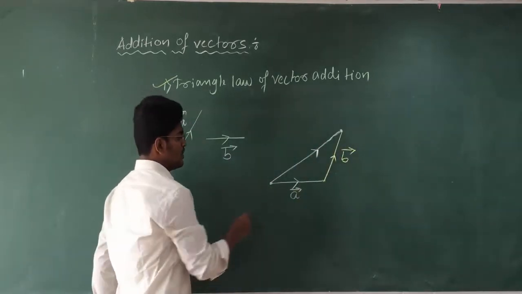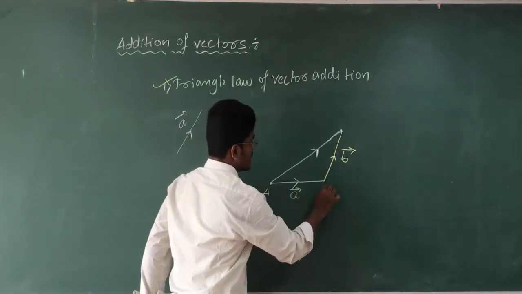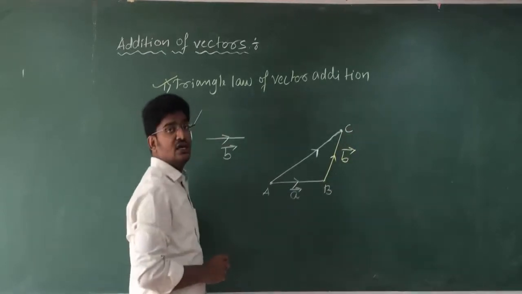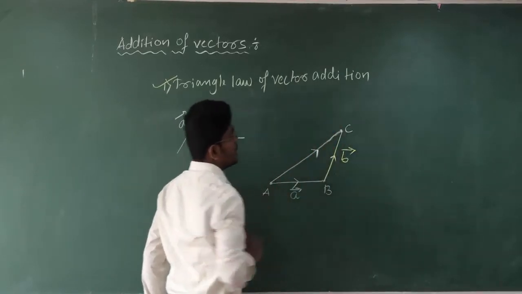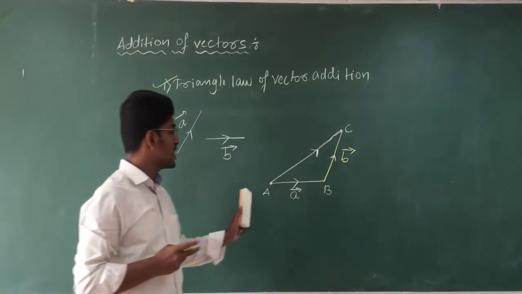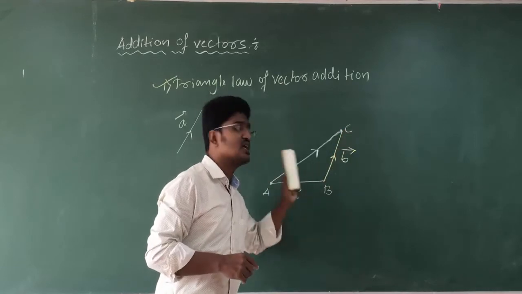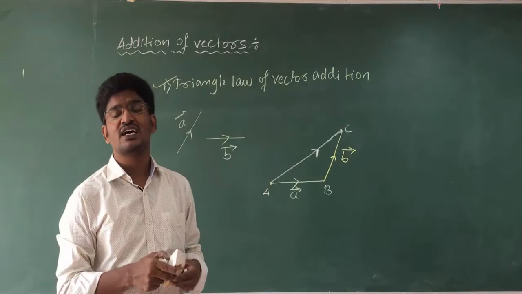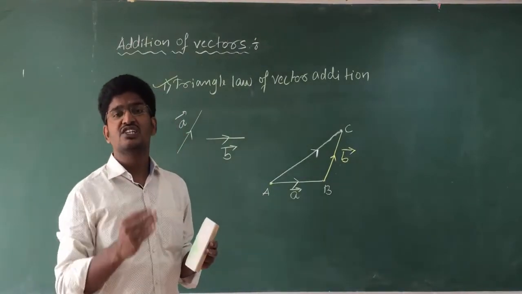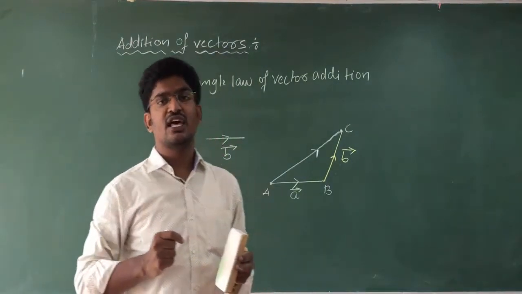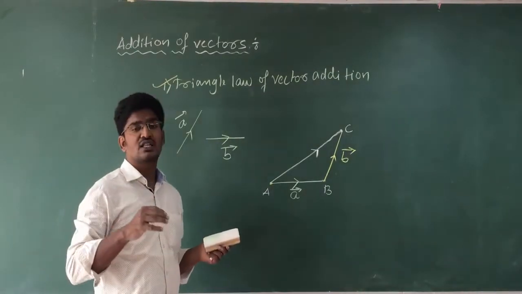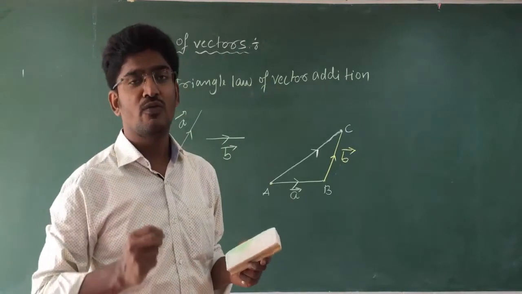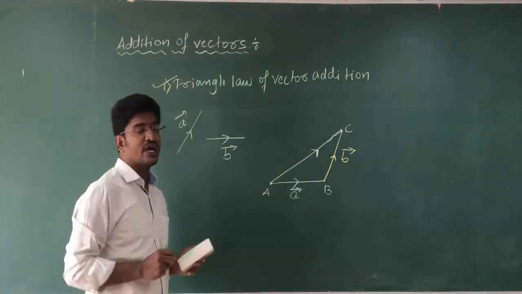Now, if I take this as vector AB and this as vector BC, vector AC will be the resultant of vector AB and vector BC. That is what the triangle law of vector addition tells. Please remember, you will have two vectors.